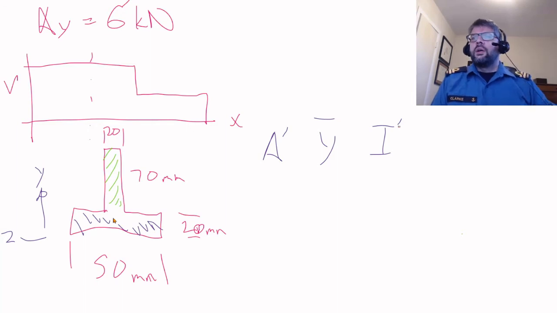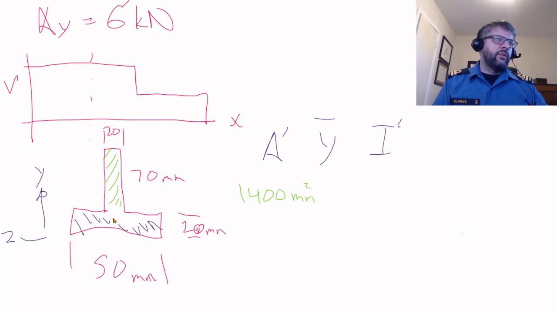So for the green one, its area is going to be 20 millimeters times 70 millimeters. That's 1400 millimeters squared. The y bar will be 20 millimeters plus 70 divided by 2, 35 millimeters, measured from this base here. So that'll be 55 millimeters.